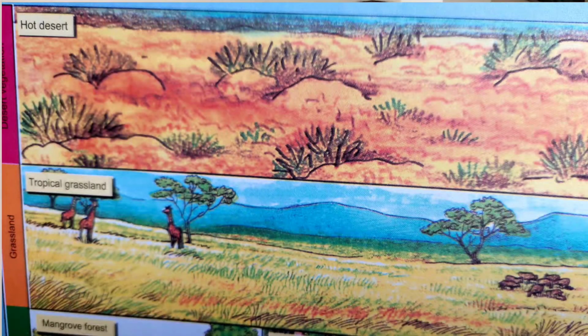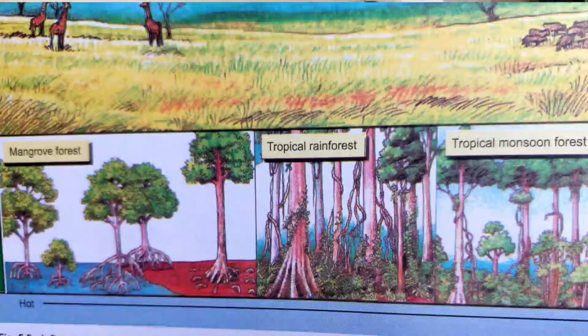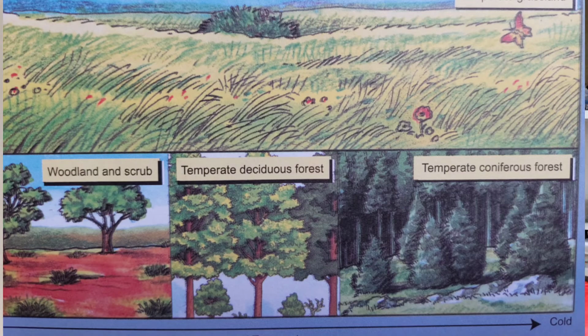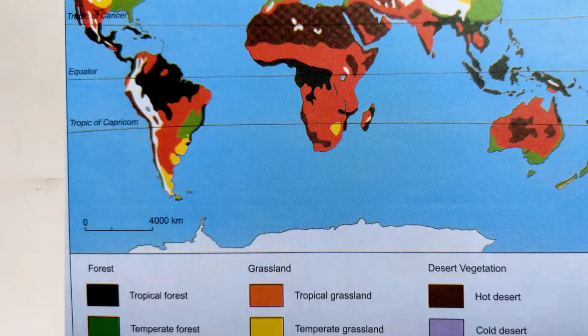Precipitation and temperature are responsible for the grouping of the main types of natural vegetation into forest, grasslands and desert vegetation.